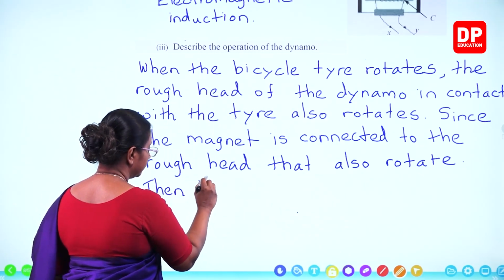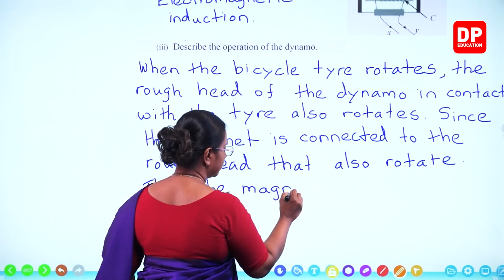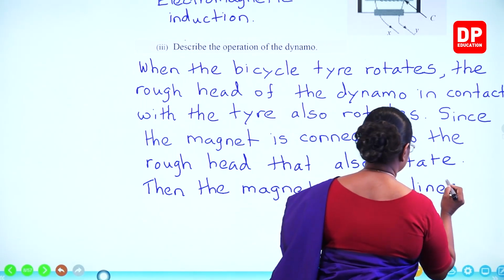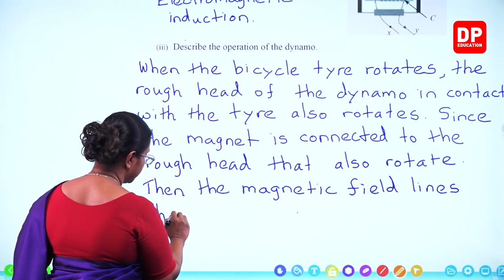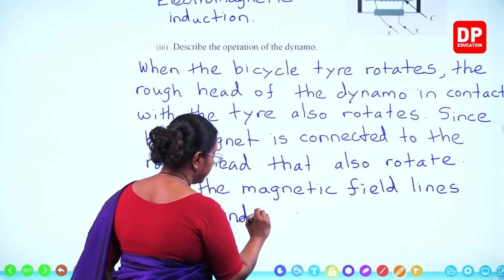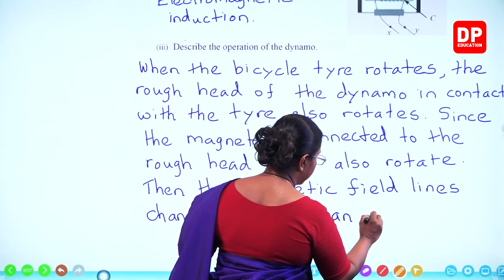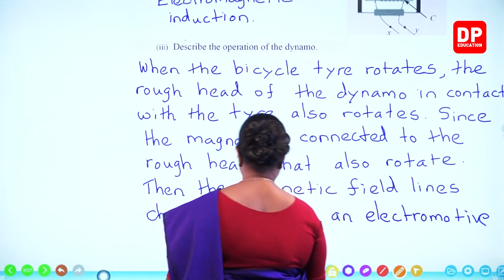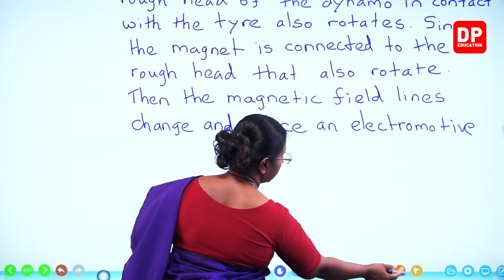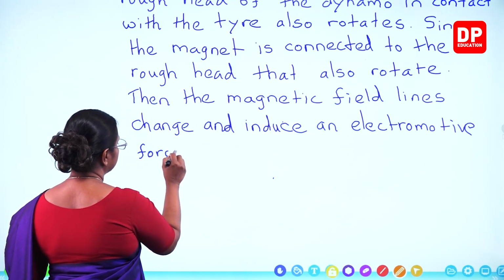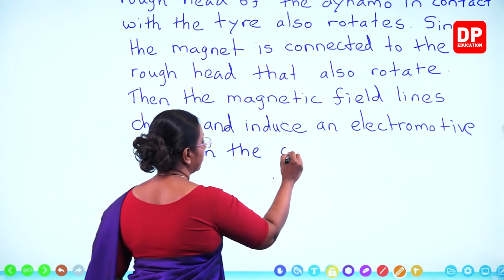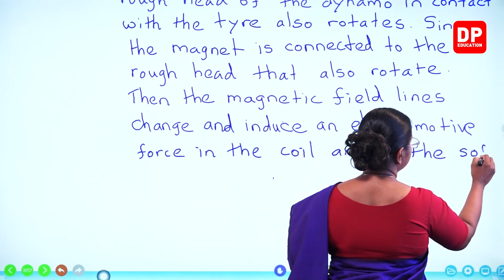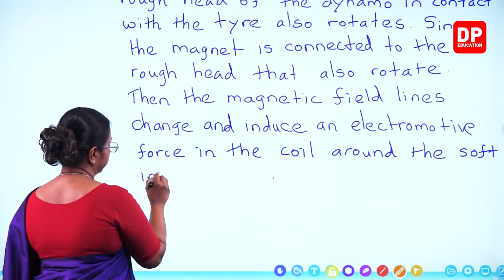Then the magnetic field lines change and induce an electromotive force in the coil around the soft iron.